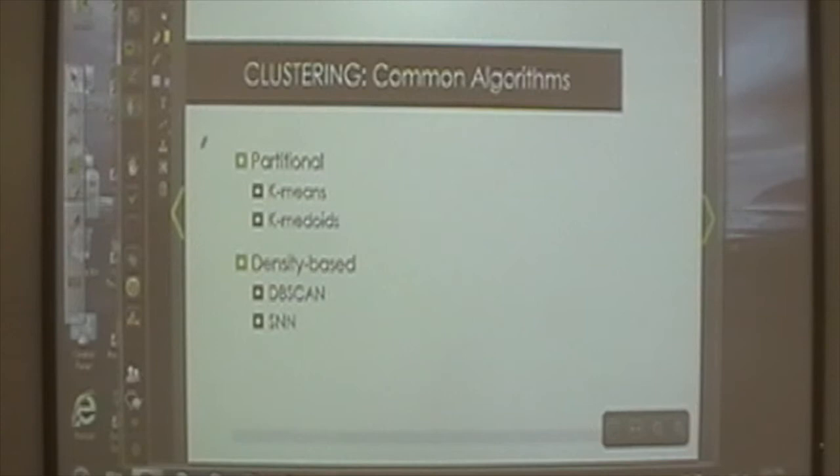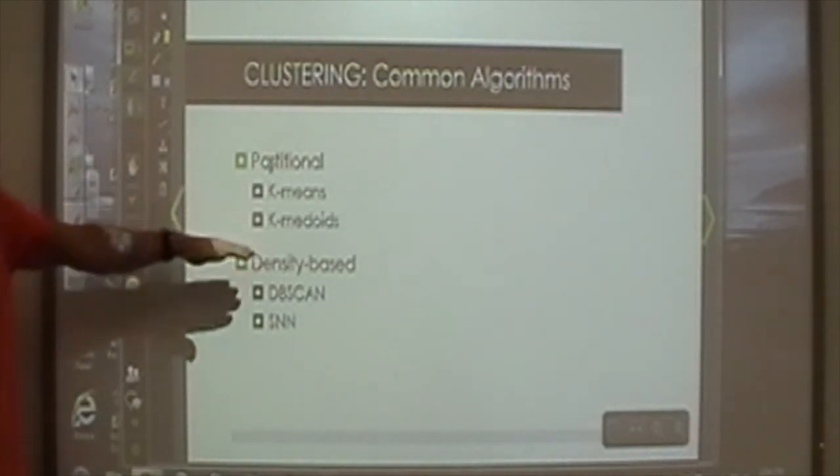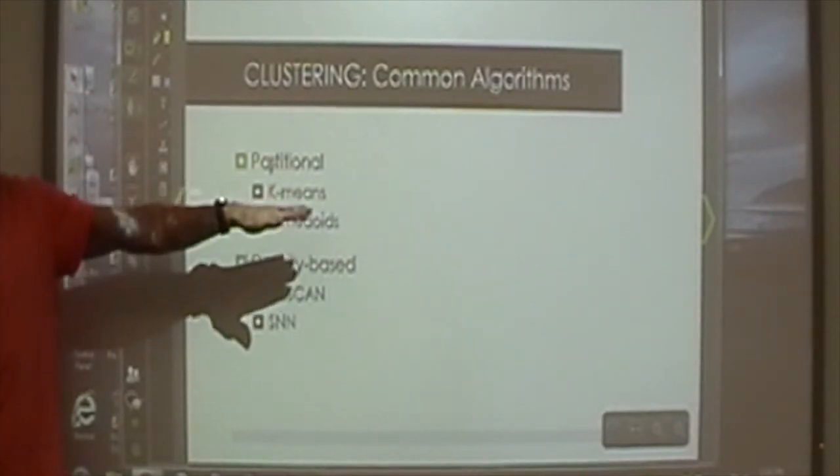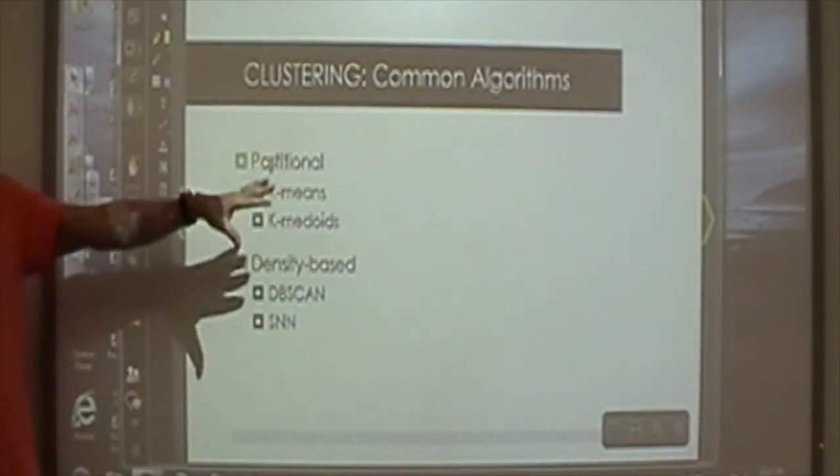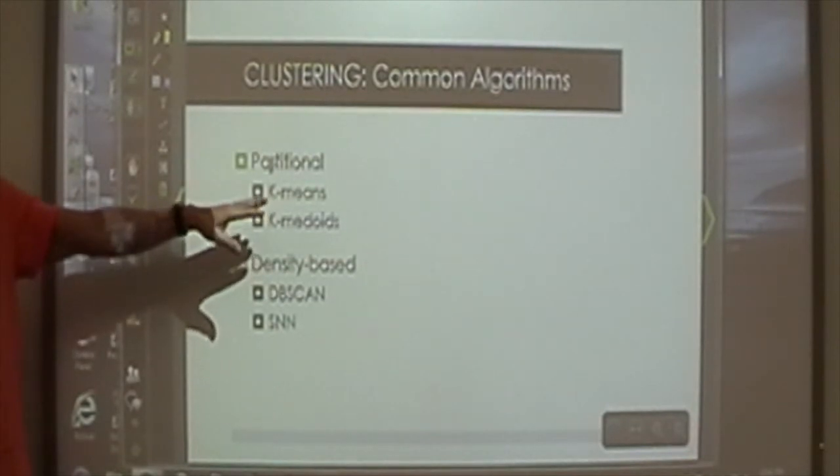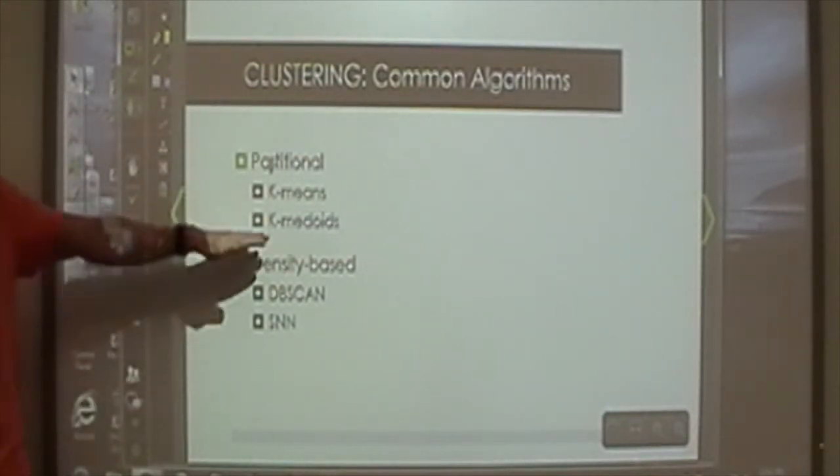And nothing overlaps between them. I mean, they may appear overlapping, but they're not the same. So good examples of partitional algorithms are k-means, which is a very simple and effective algorithm, which we'll talk about.